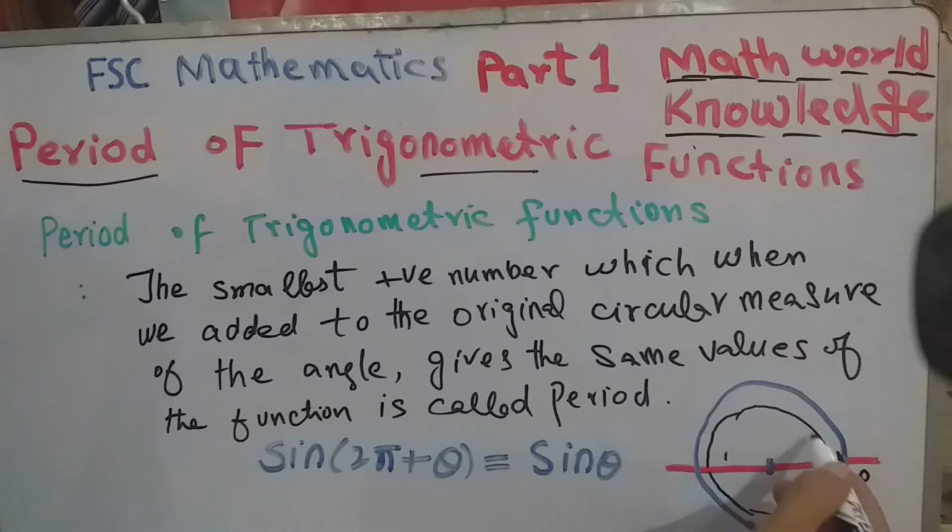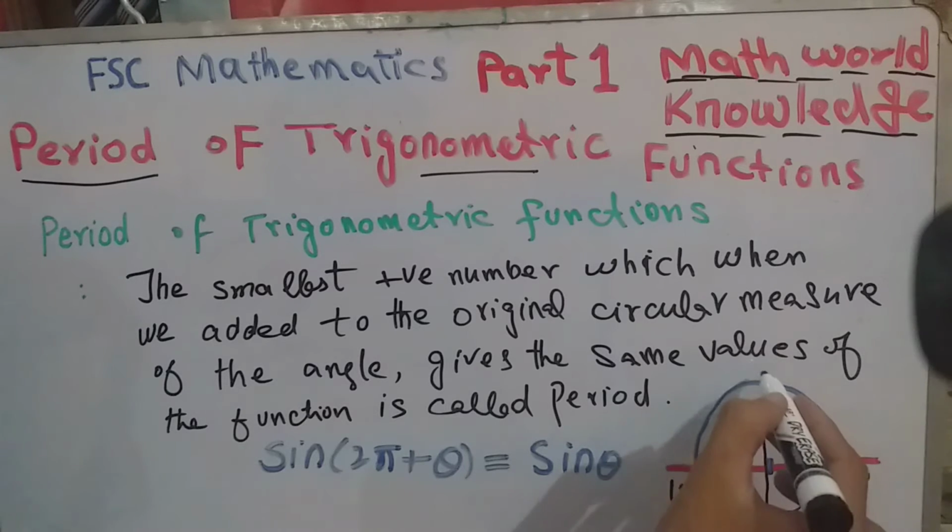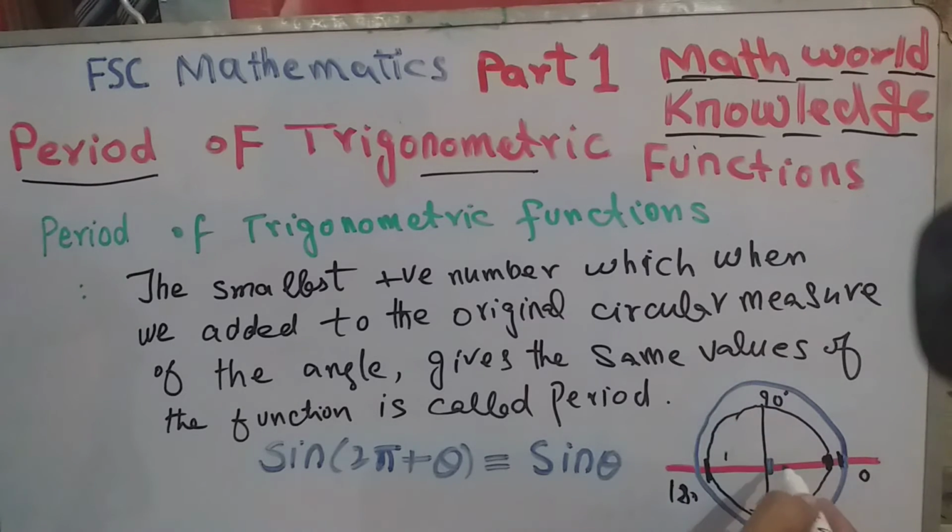So when it completes one rotation, at this point the angle is 180 degrees, at this point the angle is 90 degrees, at this stage the angle is 270 degrees, and when it completes its one revolution, its angle is 2 pi.